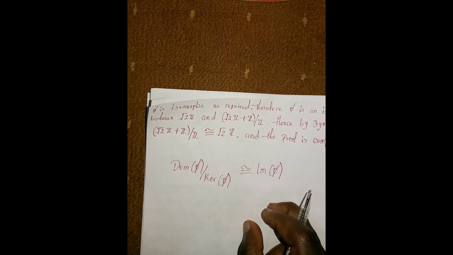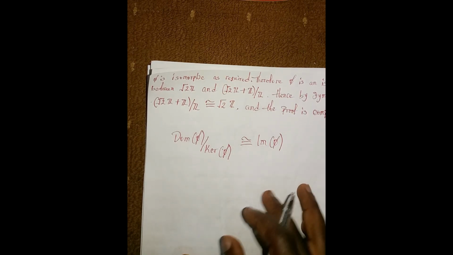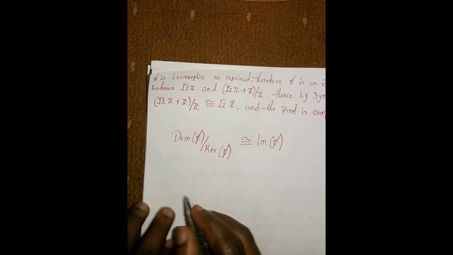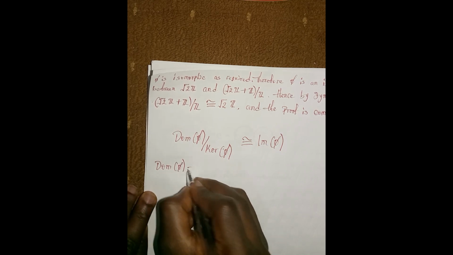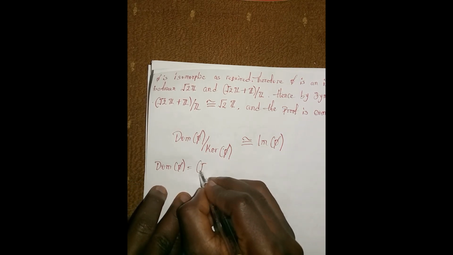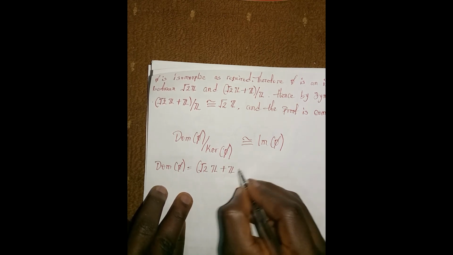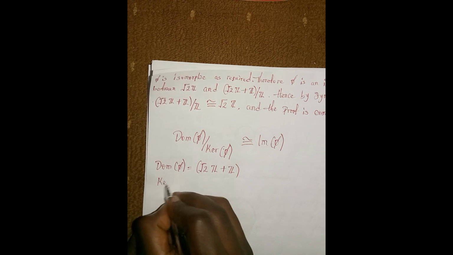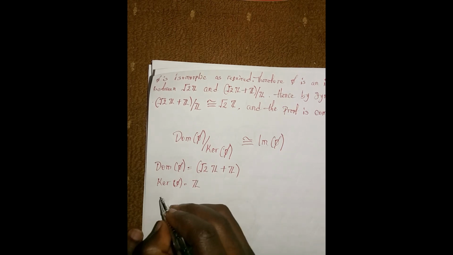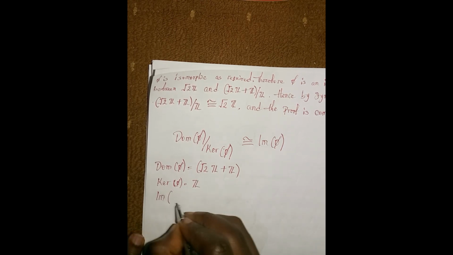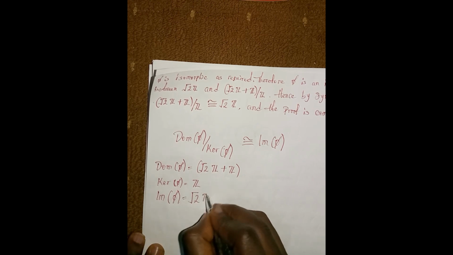This same representation can also be used to solve this problem, meaning it can be used to show that the left hand side is isomorphic to the right hand side, where our domain of phi is given as the root of 2 script z plus script z, our kernel of phi is given as script z, and our image of phi is given as root 2 script z.